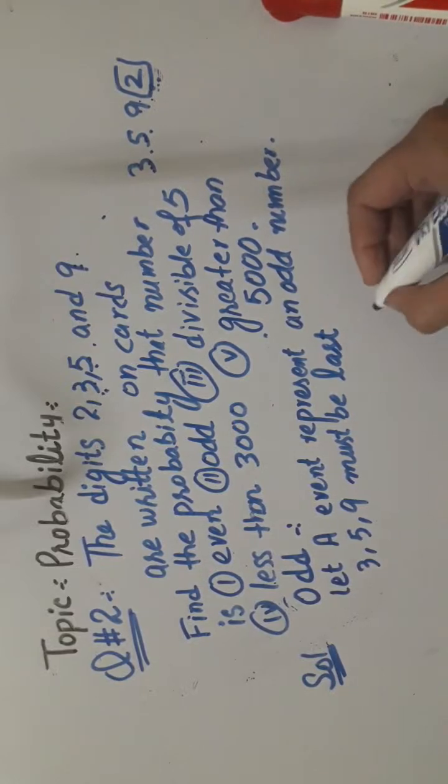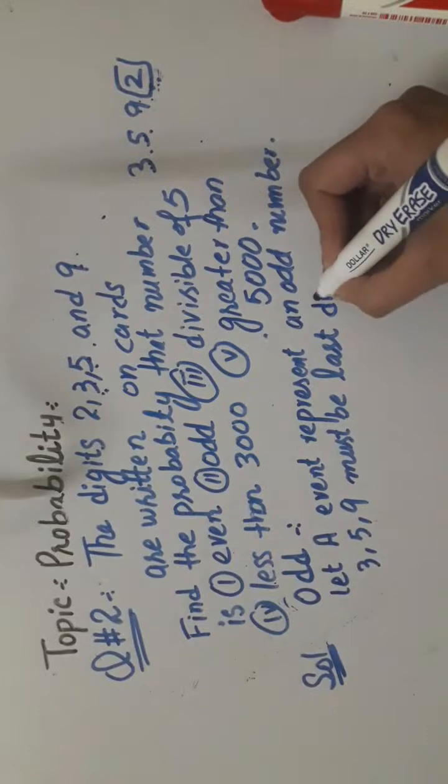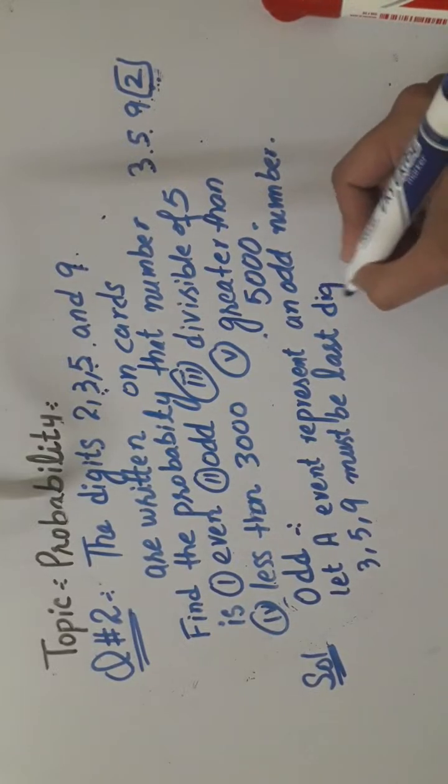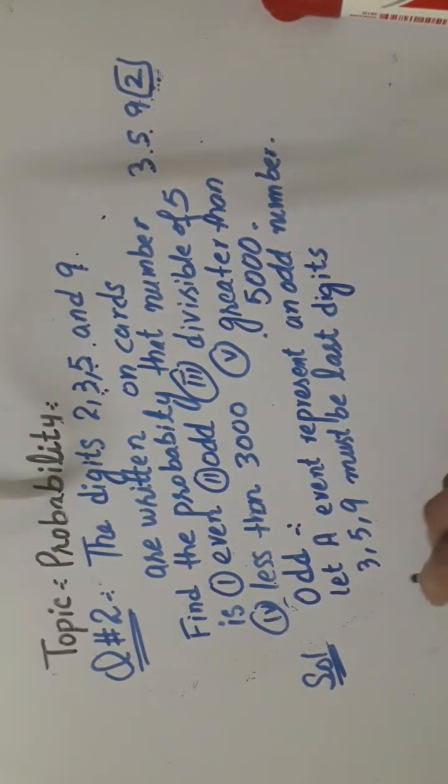These must be the last digits so that the number will be odd. 3, 5 and 9 should be the last digit so that we will get an odd number.